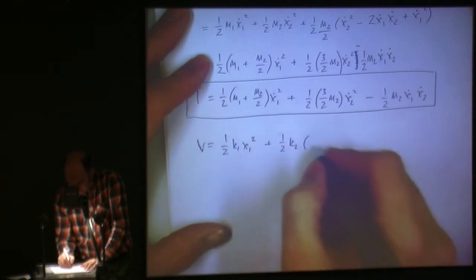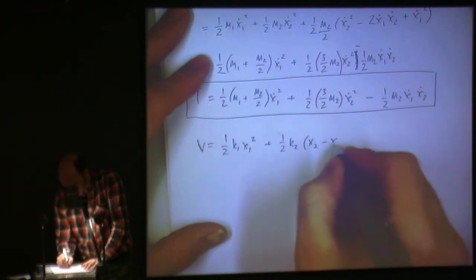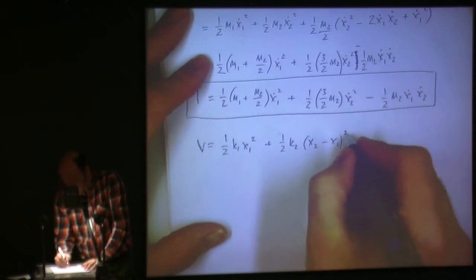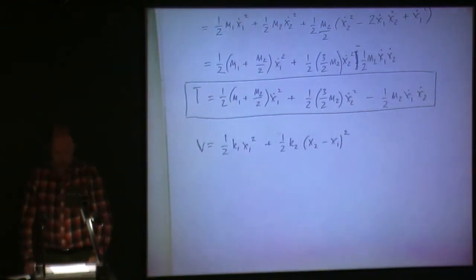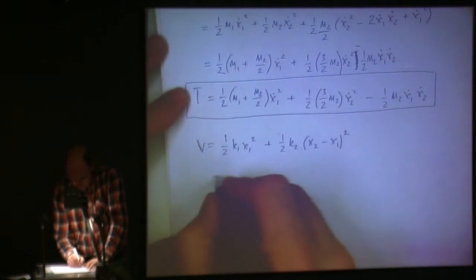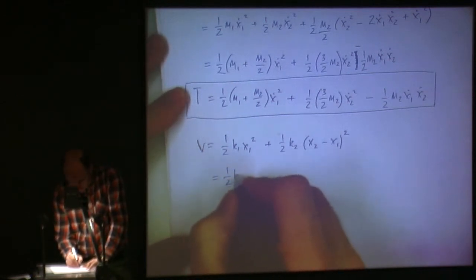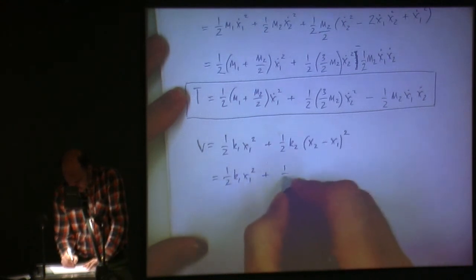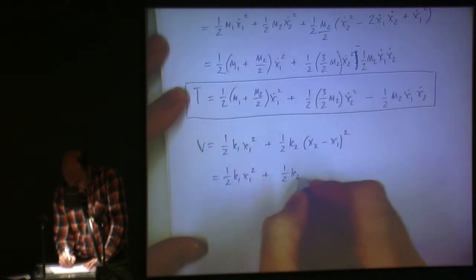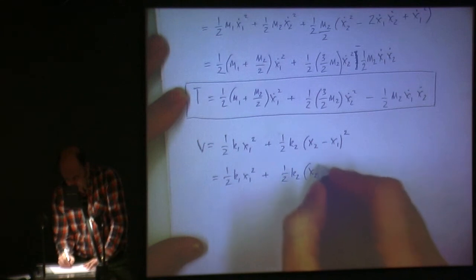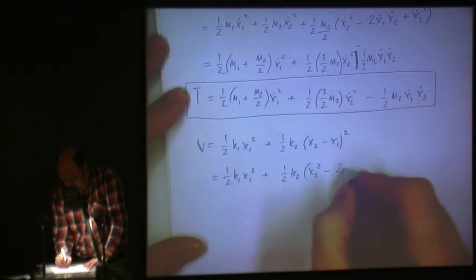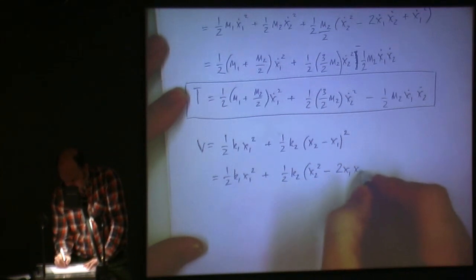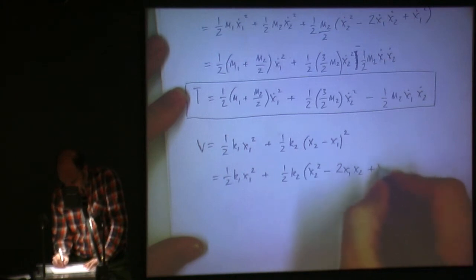Because it's between the 2 masses, we have to talk about the relative displacements. So I'm going to write it like that. And obviously I could write this out: 1/2 K1 x1 squared plus 1/2 K2 times x2 squared minus 2 x1 x2 plus x1 squared.